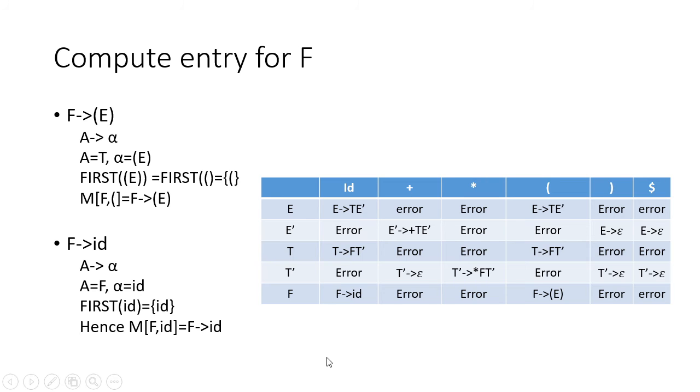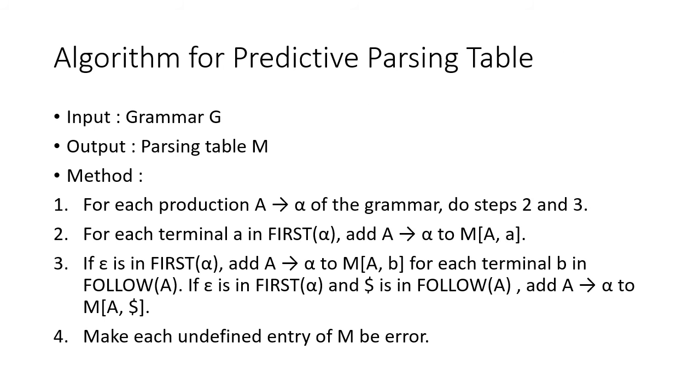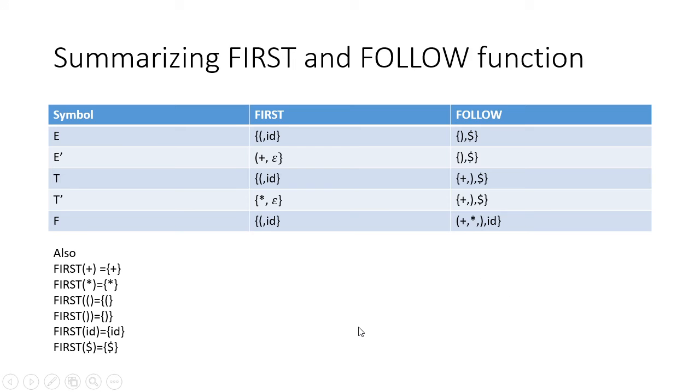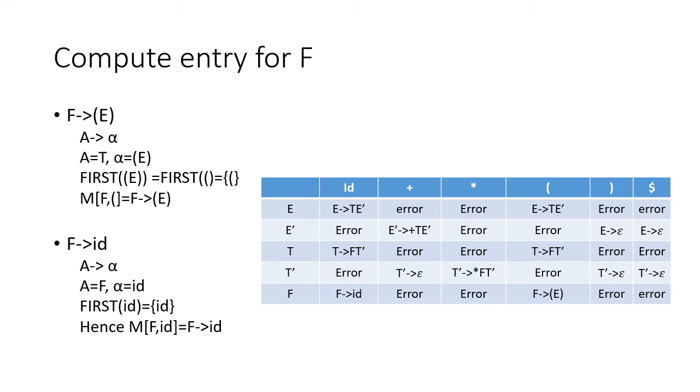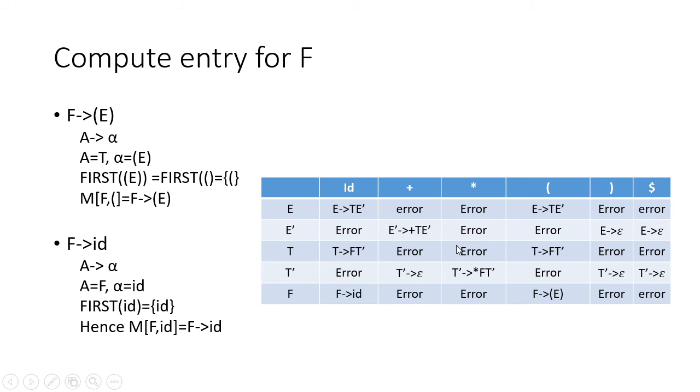Now once that is done, you have created a table. Finally, if you look at the algorithm again, point number 4 is: make each undefined entry of M be error. Undefined entries means those which are empty. You can notice here there are empty spaces. All these empty spaces can be noted down as errors.